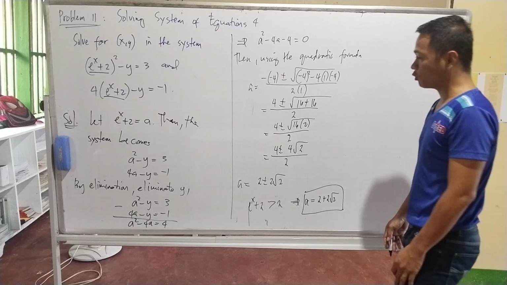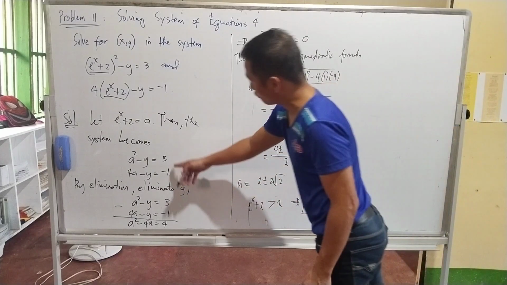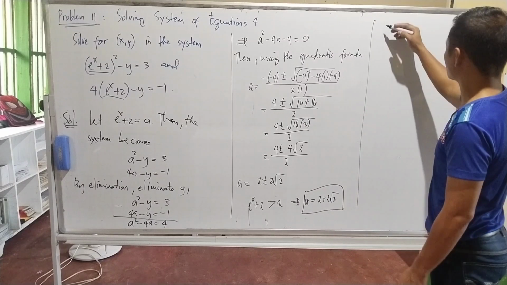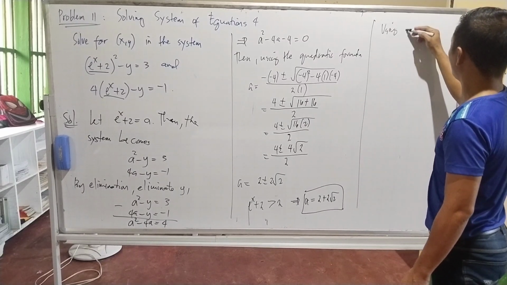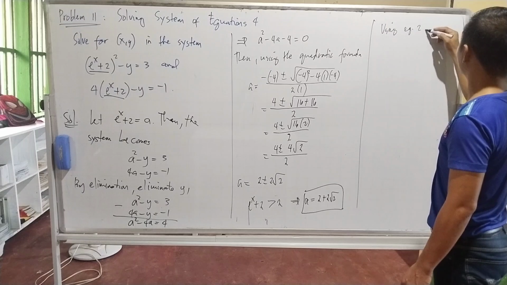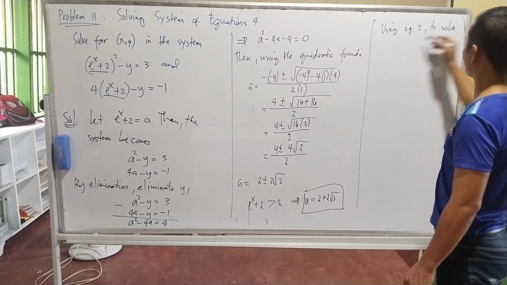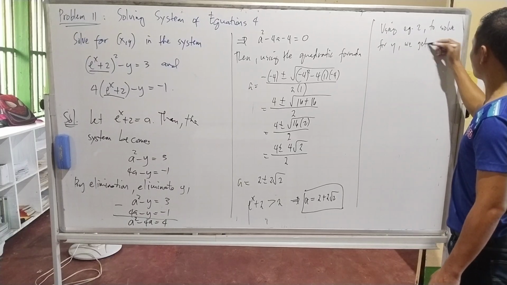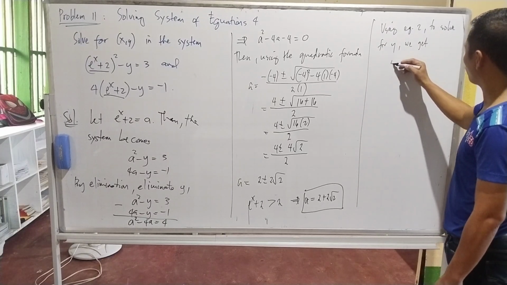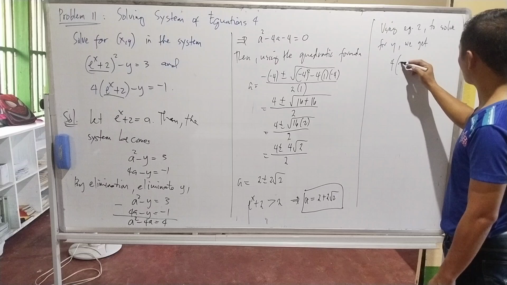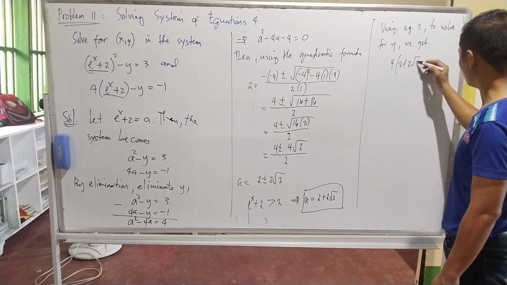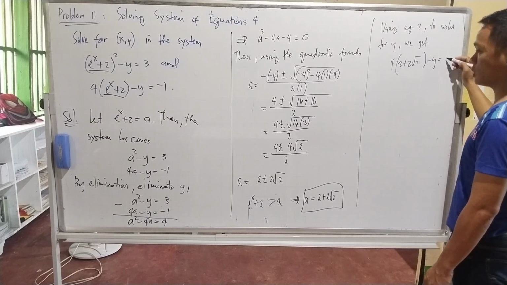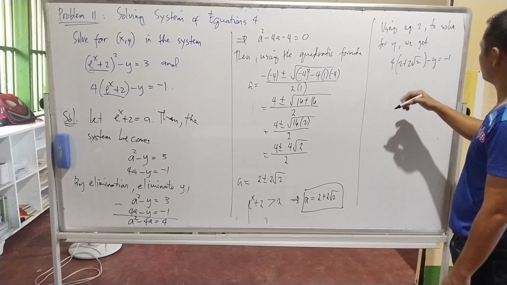Then we're going to solve for the value of y using any of these two equations. For example, we use equation 2 to solve for y. We get 4 times our a, which is 2 + 2√2, minus y equals -1.